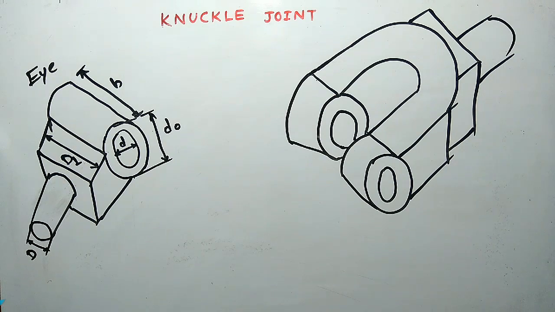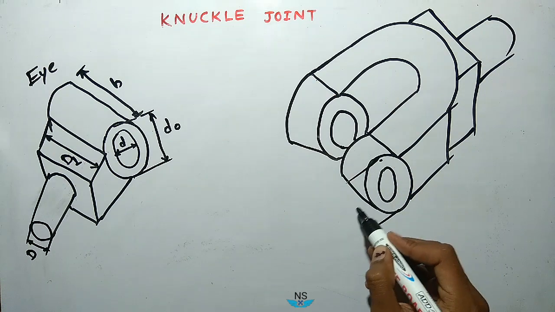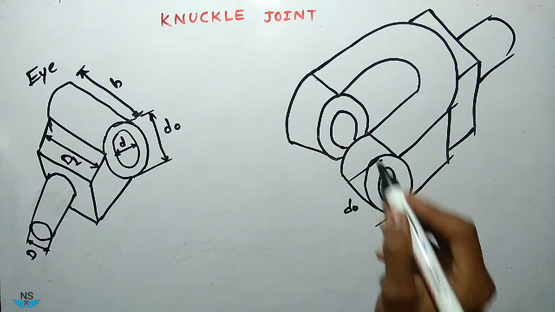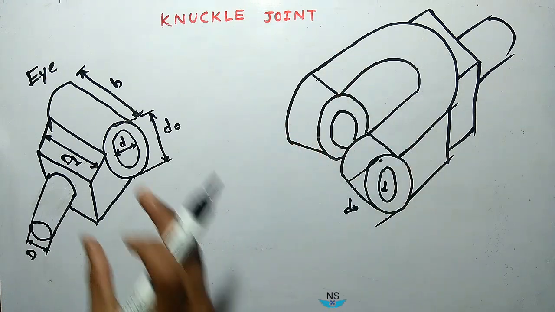So this is the eye, and this is the outside diameter of the eye, that is D naught. This is the diameter of the pin. So the pin fits inside this fork end and eye end.